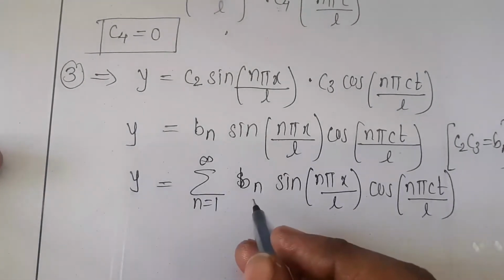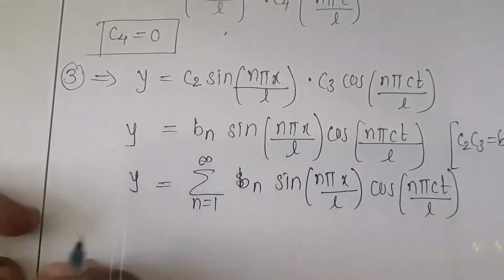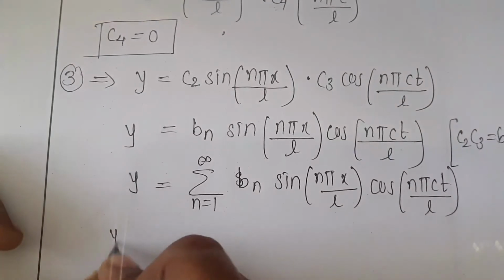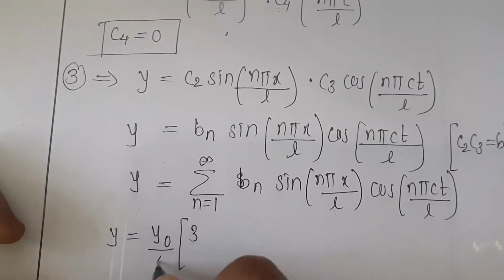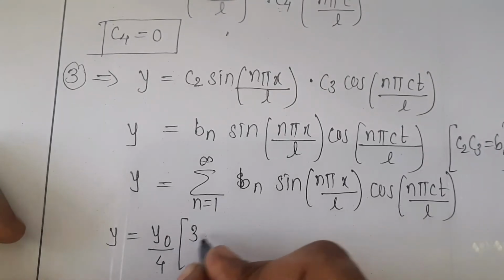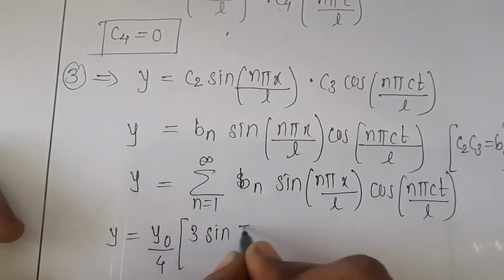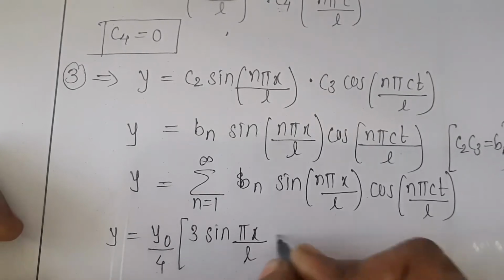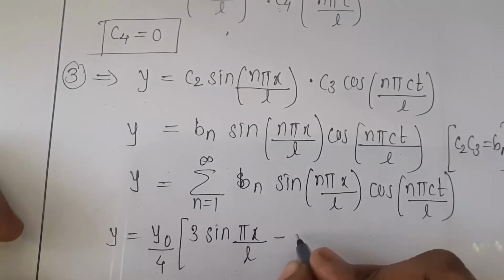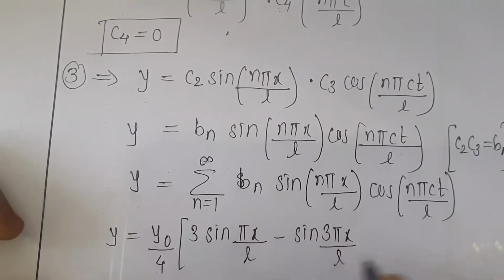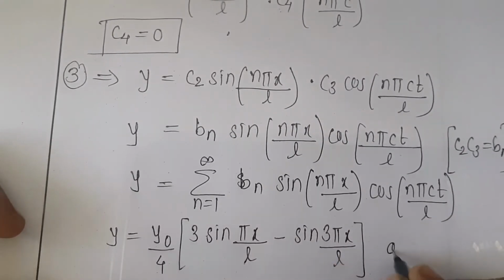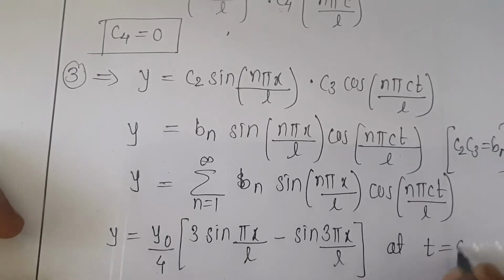But here there is no need to use Fourier series, because one condition is given: y is equal to y0 by 4 multiplied by 3 sin pi x by L minus sin 3 pi x by L. This is the y value at t is equal to 0. This is given to us, so use this condition.